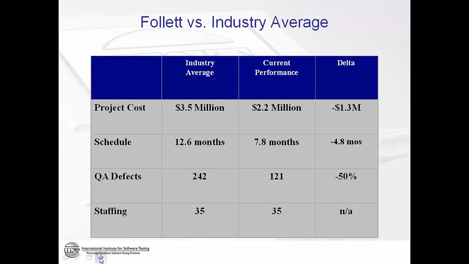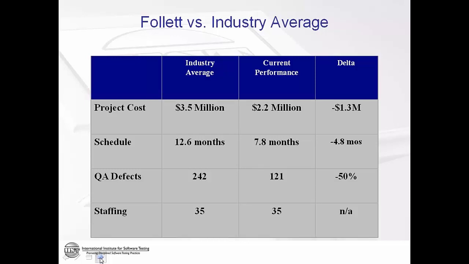And the quick story on this is the one slide that was delivered to the CEO, CFO, CIO that showed the industry average schedule, cost to schedule, defects in their QA phase, and their typical headcount staff in one column.